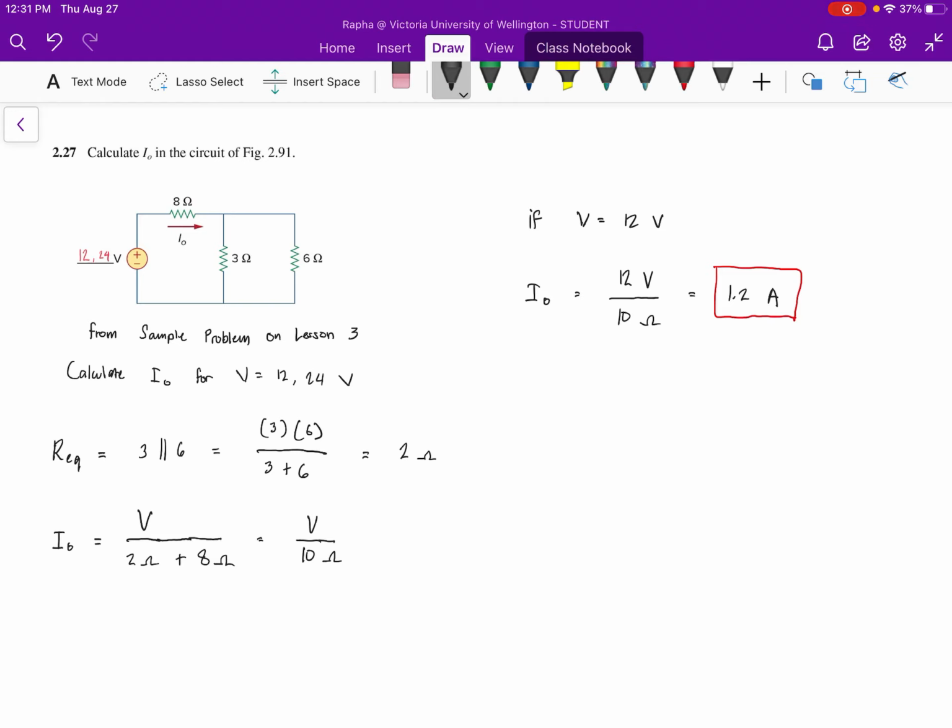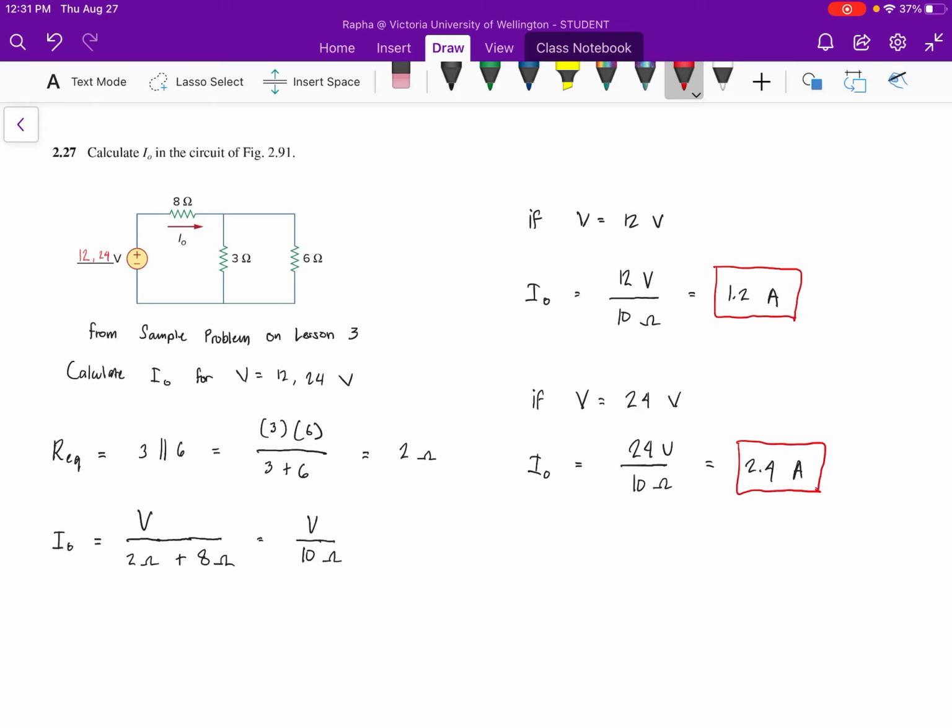Now, if the voltage source is equal to 24 volts, exactly twice as much as 12 volts, I sub O would be 24 over 10 ohms, and that is equal to 2.4 amperes.